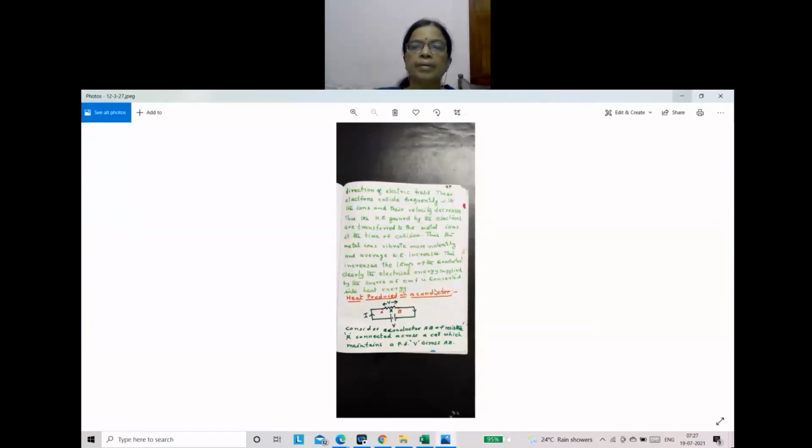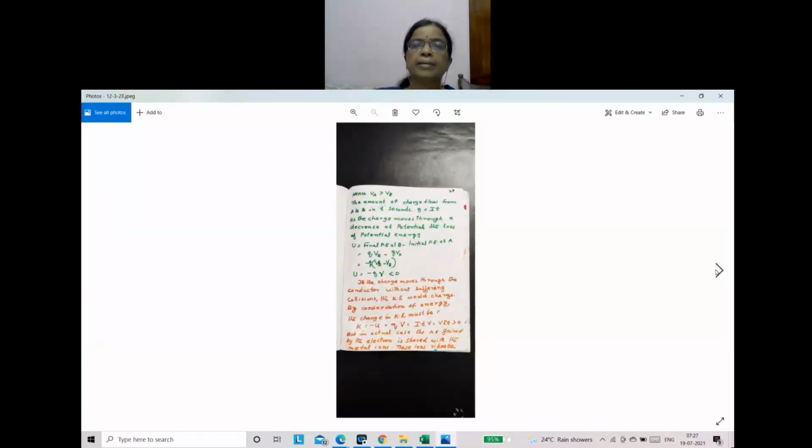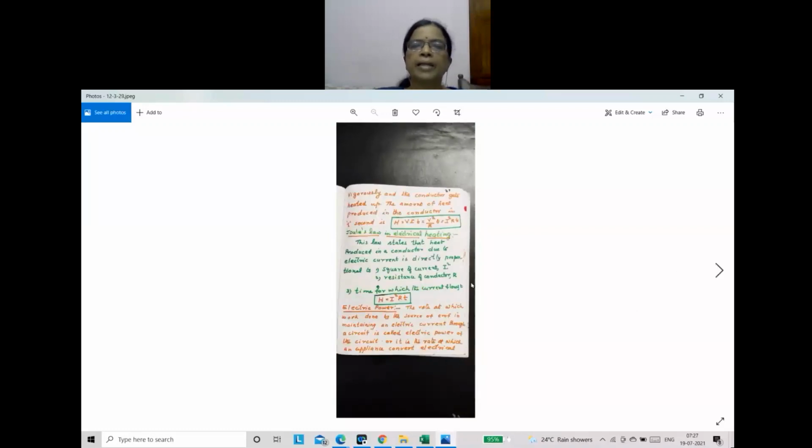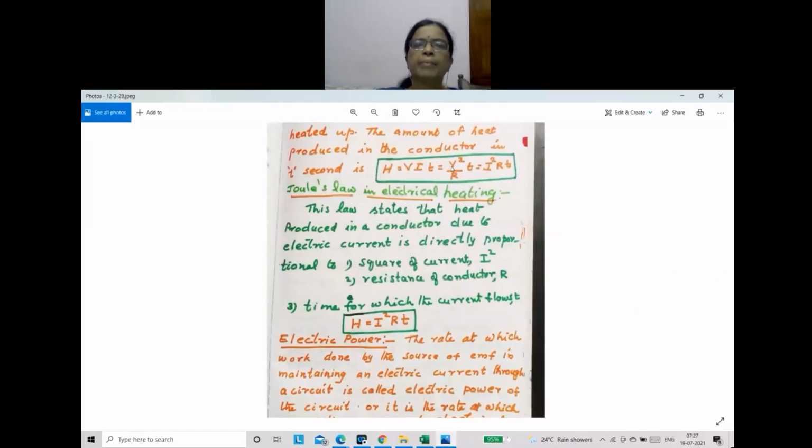Heat produced in a conductor we have calculated as VIT, V square by R into T, I squared RT. This is Joule's law of electrical heating. The heating effect is directly proportional to the square of the current, the resistance, and the time for which the current flows.